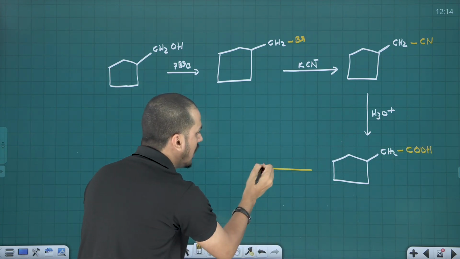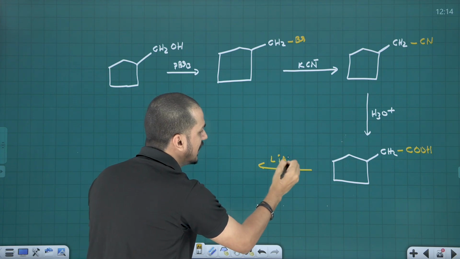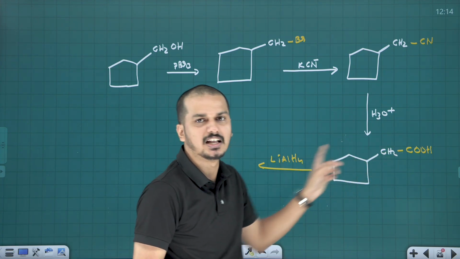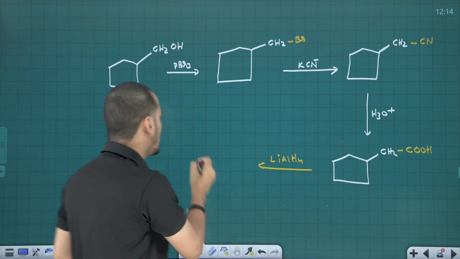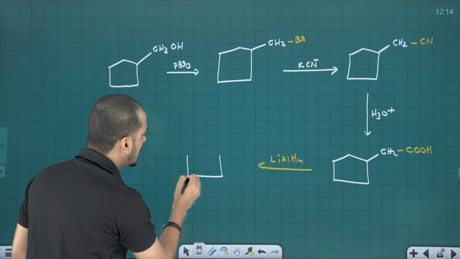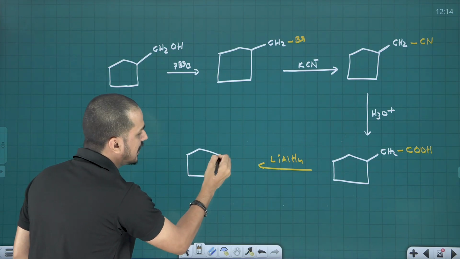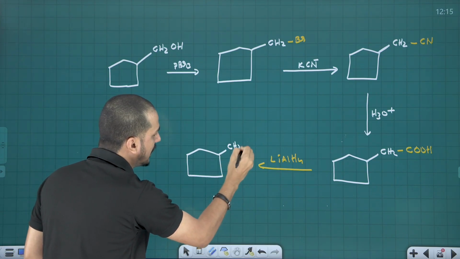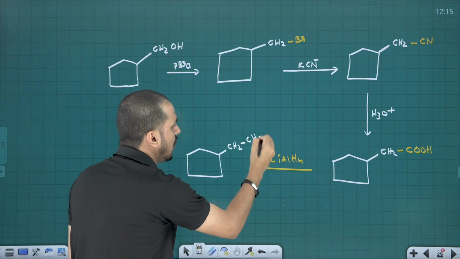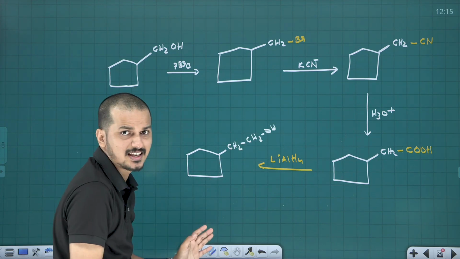Then after that, you are treating with lithium aluminum hydride. Whenever you are treating an acid with lithium aluminum hydride, it will be converted to alcohol with the same number of carbon atoms. So here nothing will happen, but the COOH becomes CH2OH. That's the reaction.